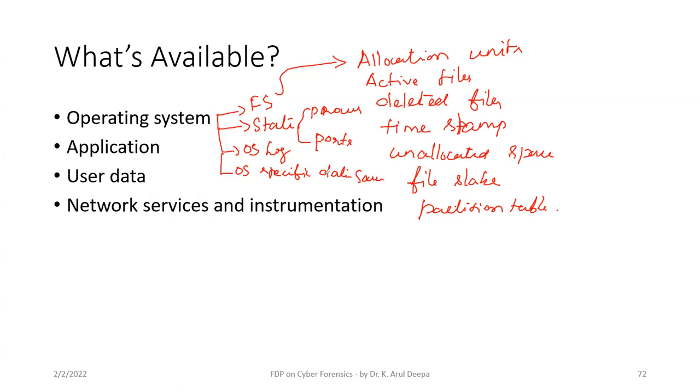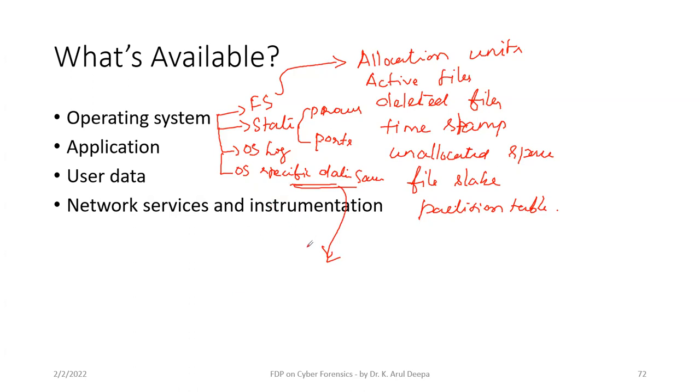So this is one very important aspect in the case of computer forensics. That is, you must have thorough knowledge if you want to become an investigator. If you want to become a computer forensic personality, then you must have thorough knowledge about the subject operating system.